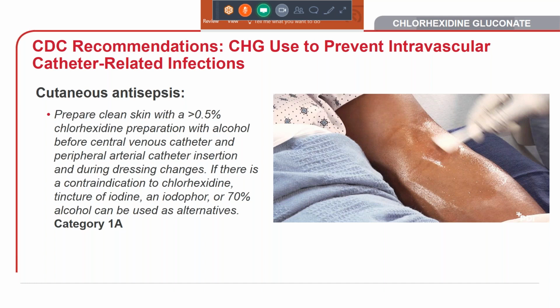Now, they certainly are addressing here the potential for allergy to chlorhexidine and stating that if there is a contraindication, that tincture of iodine and iodophore or 70% alcohol can be used as alternatives.